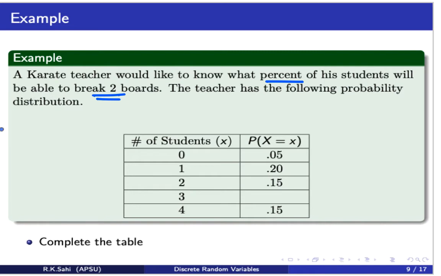He was able to do the math, but somehow he forgot what the percentage would be if there were 3 students. But then he remembered, oh, I have created a probability distribution of my students able to break 2 boards. He knows his statistics, he is very clear.